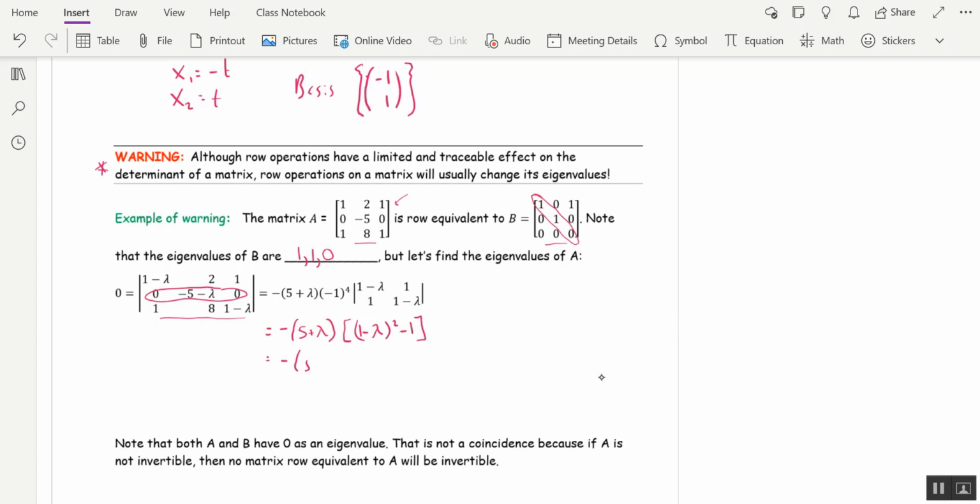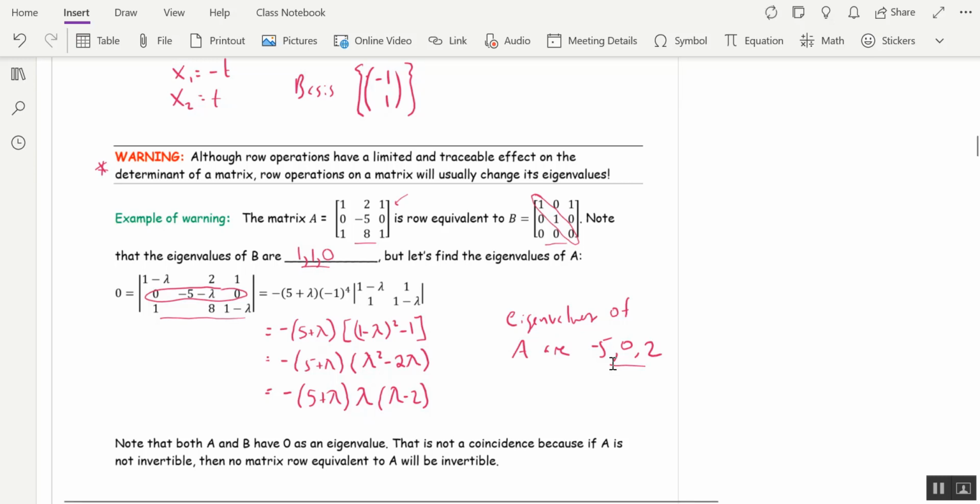That's negative 5 plus lambda times lambda squared minus 2 lambda. And one more factorization, negative 5 plus lambda. And then you can factor out a lambda, and then I'm left with a lambda minus 2. So the eigenvalues of A are negative 5, 0, and 2. Those are different than the eigenvalues of B. So there's your warning.